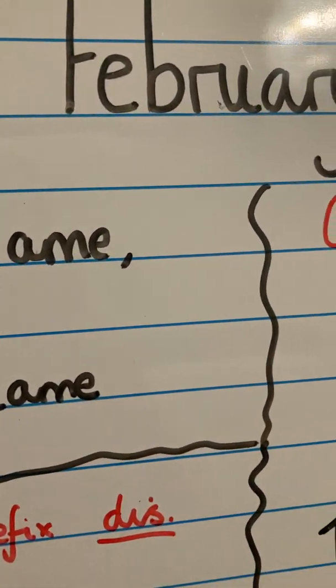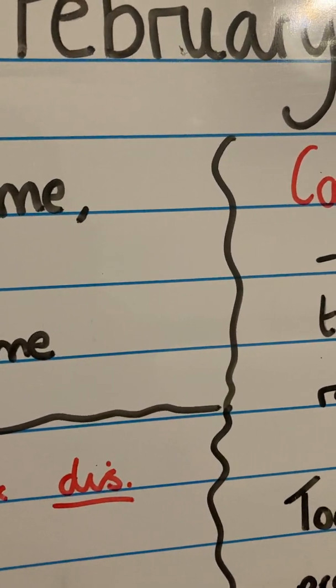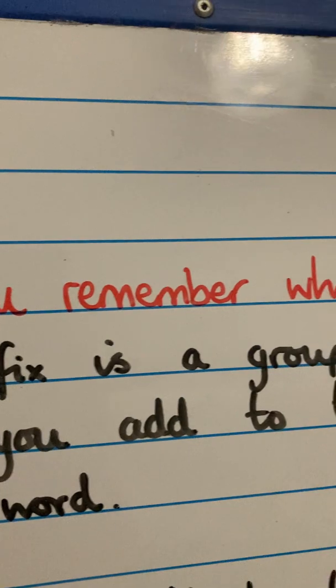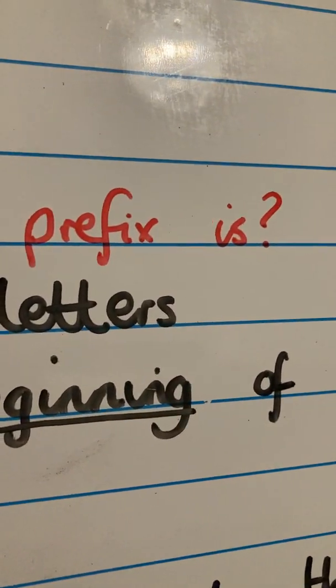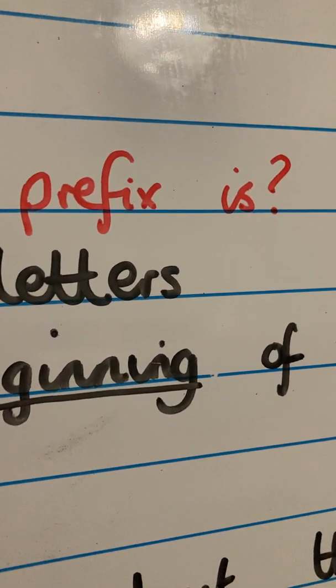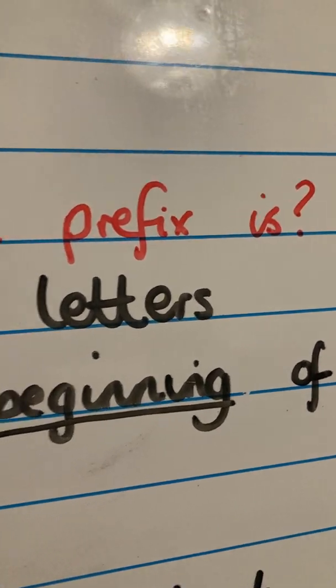So what we're going to be learning about today in phonics is prefixes again. Now I want to see if you can remember what a prefix is. Do you think you can tell the screen or tell your grown-up what a prefix is? Well, that's right.